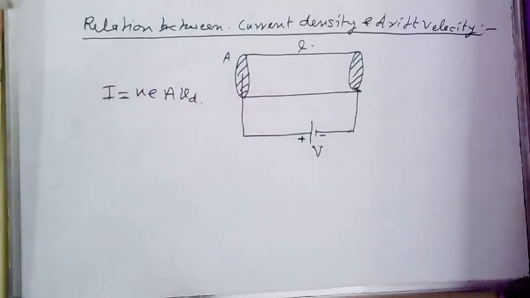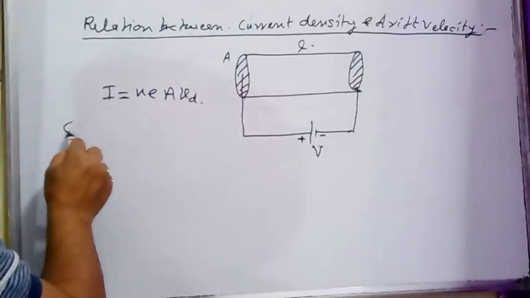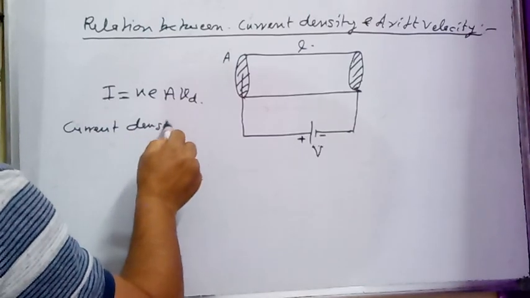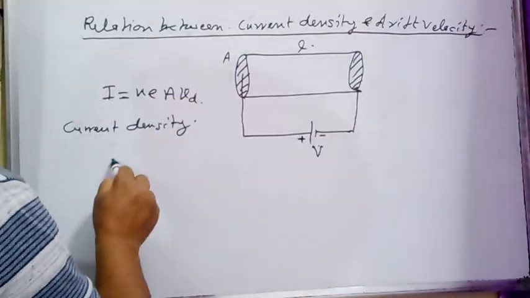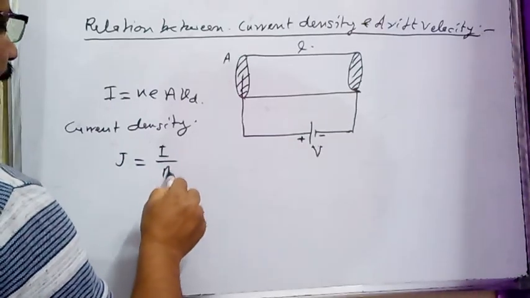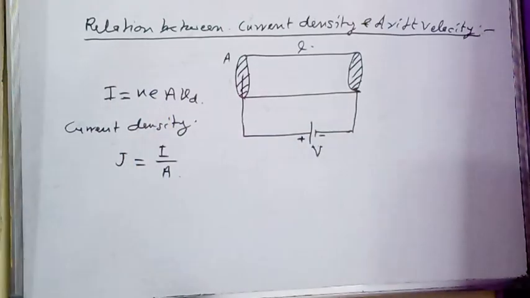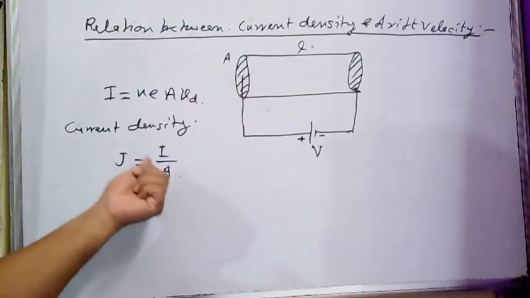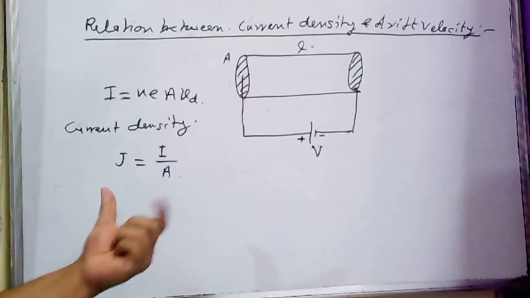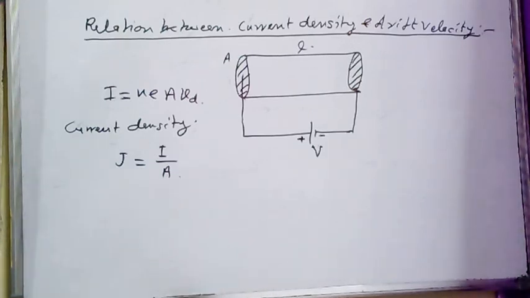Students, as you know, what is current density? We have defined current density J equals current divided by area of cross section of the conductor, or current flowing per unit area of cross section of the conductor held perpendicular to the direction of charge flow.